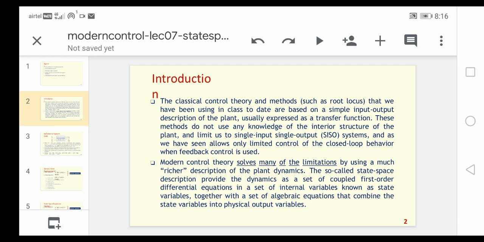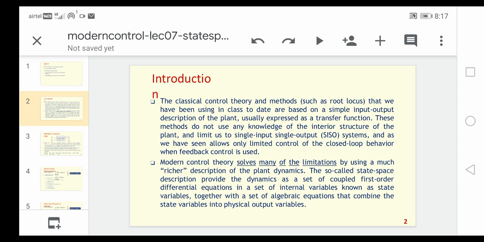In classical control theory there are some difficulties. It is limited to single input and single output systems only. It is useful only for linear control systems, and it always assumes initial conditions.